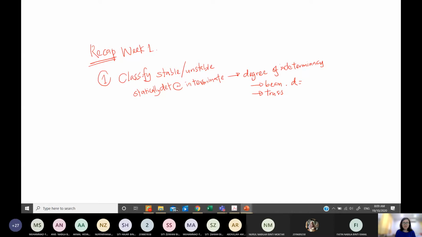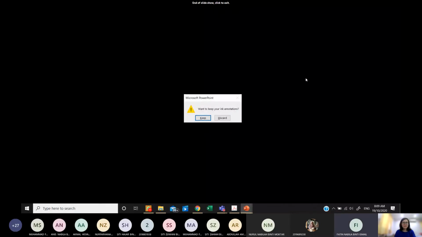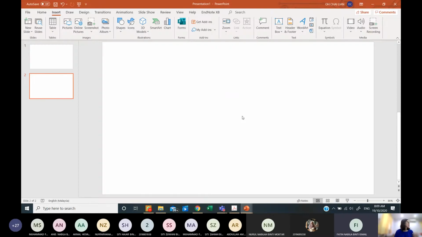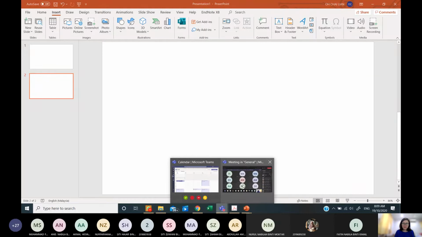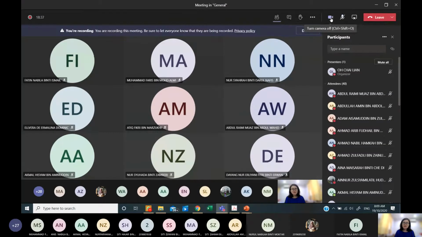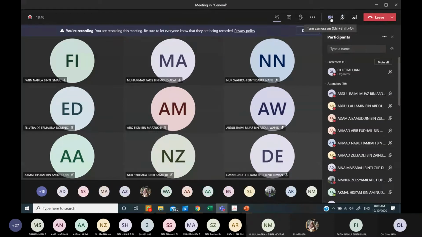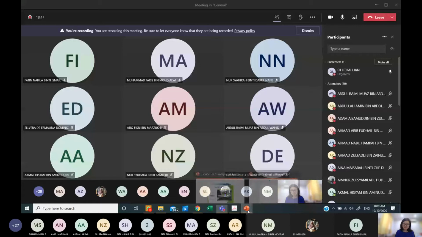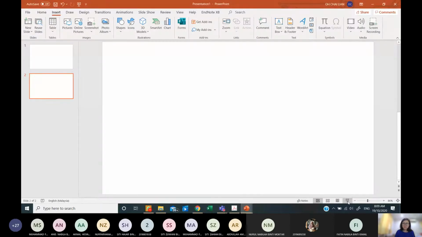Can anyone help on this? R minus N minus C.